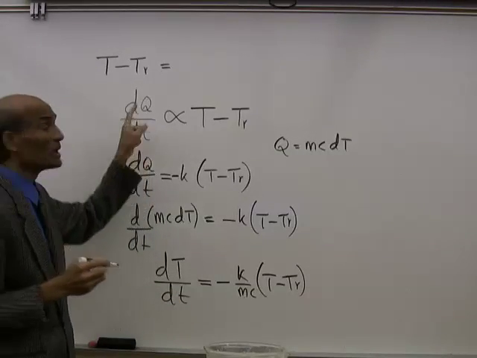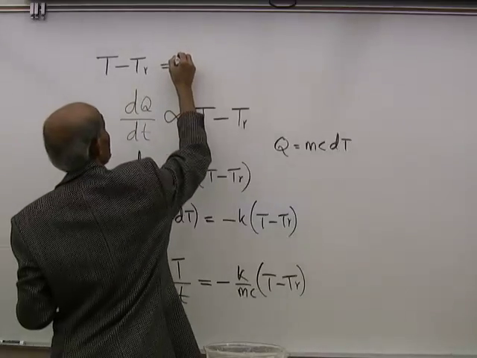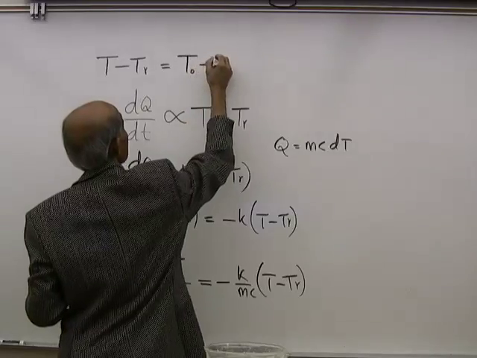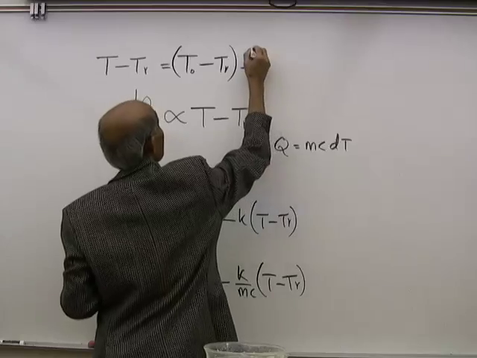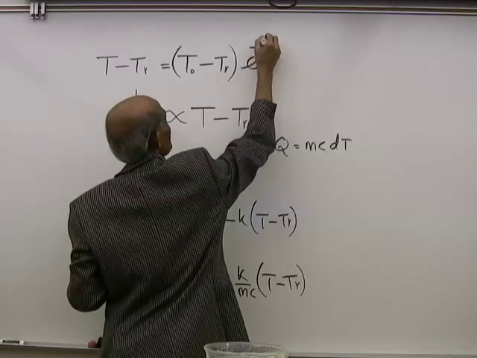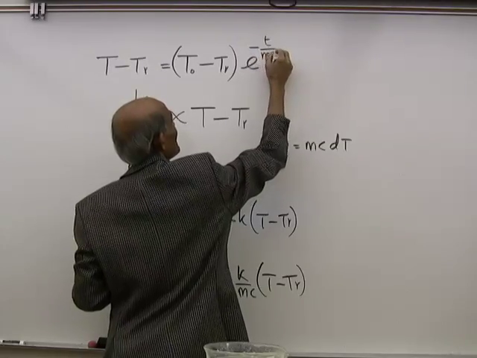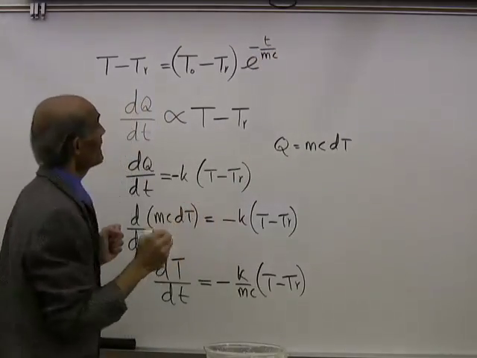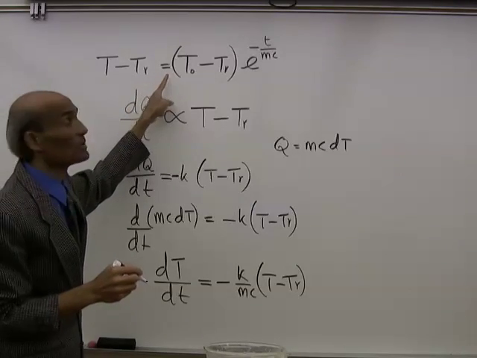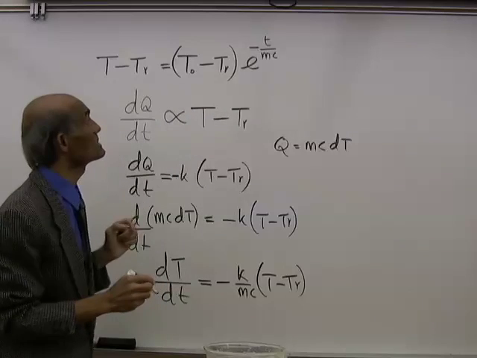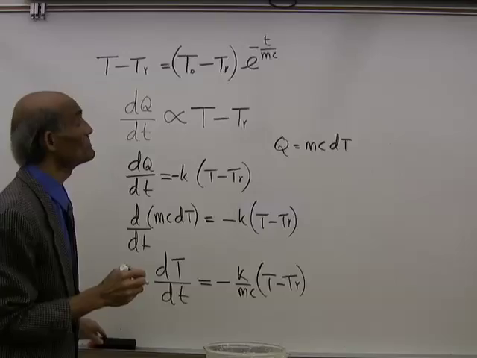So when you solve for the dependent variable, T minus T_R equals (T_0 minus T_R) times e to the power of negative t divided by m c over k. Well, that's how that equation looked: T minus T_R equal to (T_0 minus T_R) e to the power of negative t over m c over k.